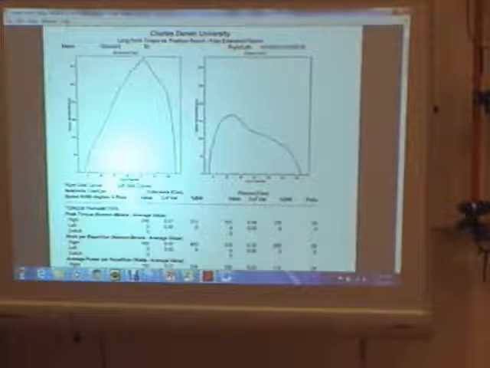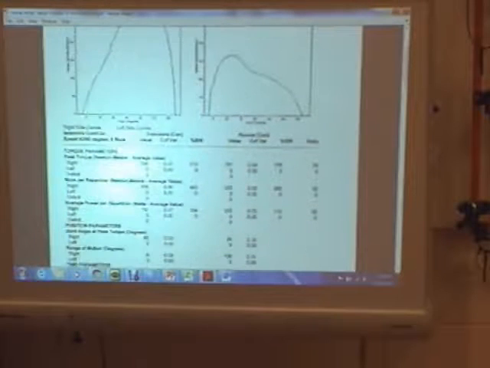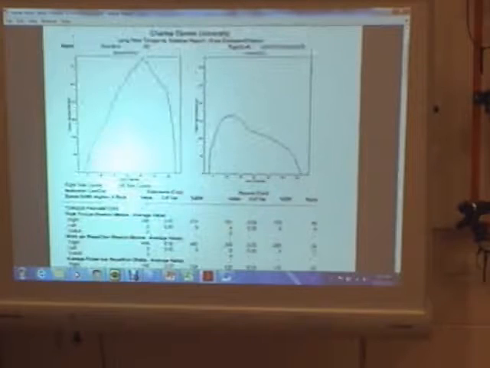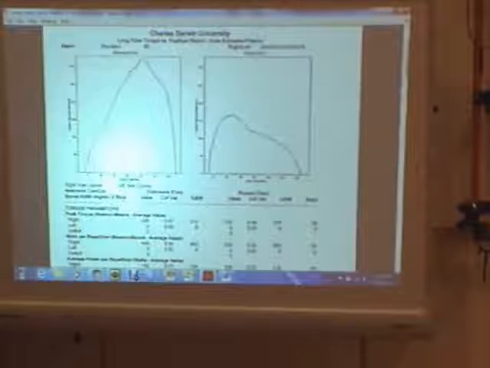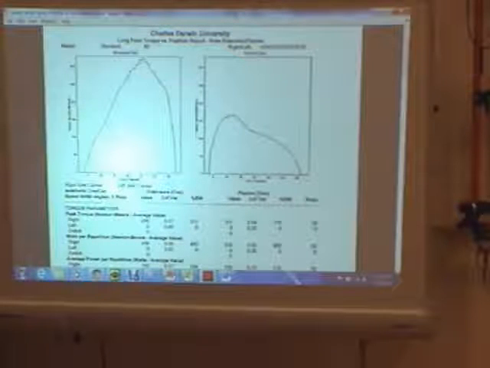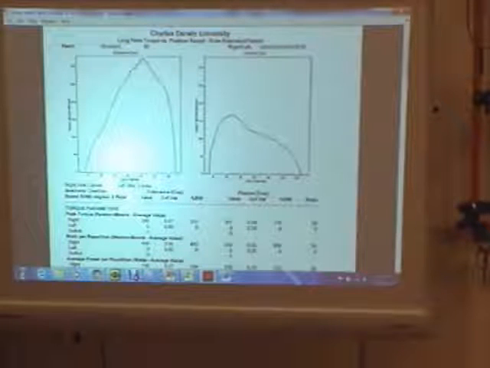Then to get to power, you would take the torque value and multiply it by angular velocity. Angular velocity is the quickness that this angle changes with time, so it's the slope of the angle curve: angle versus time, not torque.